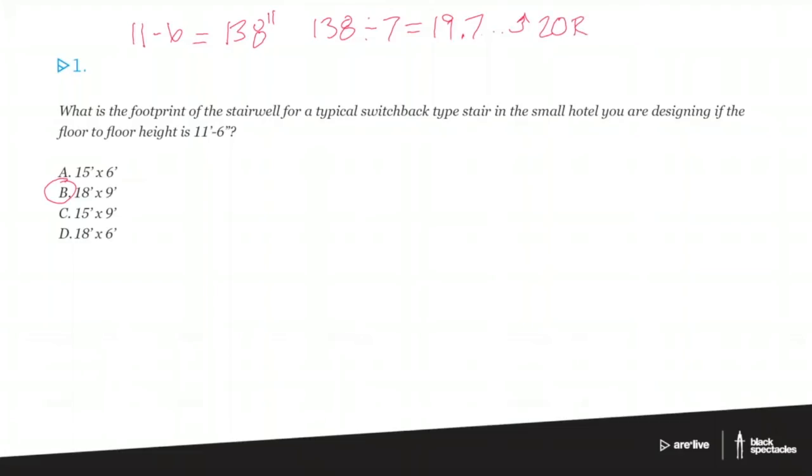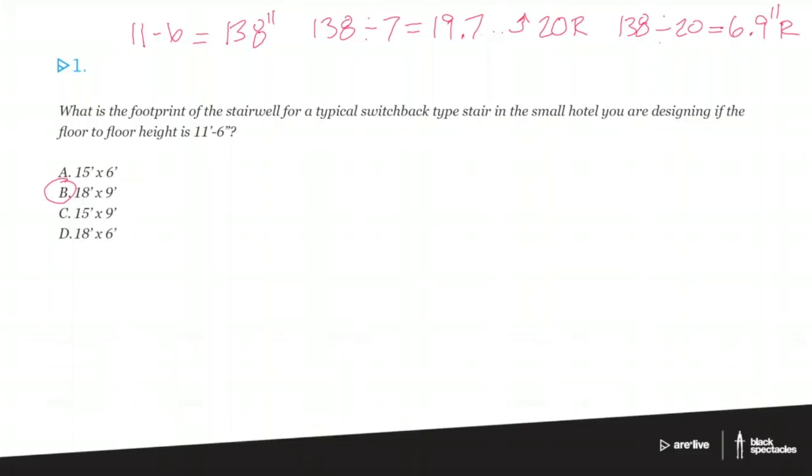Now, just interestingly, I can then go back and say, all right, 138 inches divided by 20, and that's going to give me 6.9 inches. So that means each riser is 6.9. That's interesting. I actually don't need to know that to answer this question, but there you go.